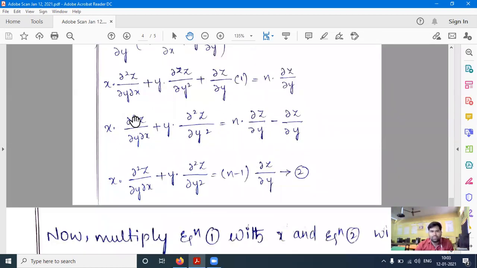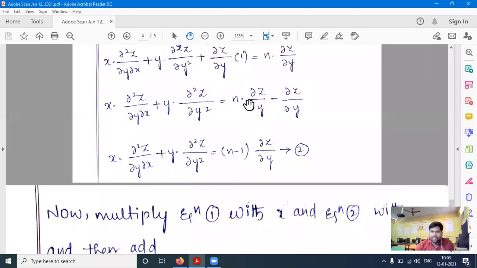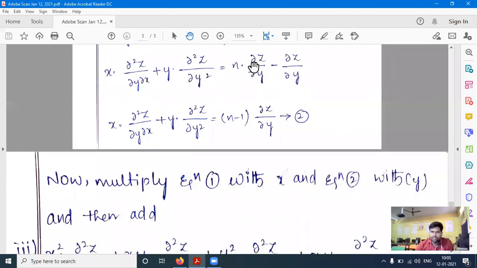So x into ∂²z/∂y∂x plus y into ∂²z/∂y² is equal to n into ∂z/∂y, and again we send this ∂z/∂y to the right side. Then it is n into ∂z/∂y minus ∂z/∂y. Here ∂z/∂y is common, so (n minus 1) into ∂z/∂y. So it is equation number 2.